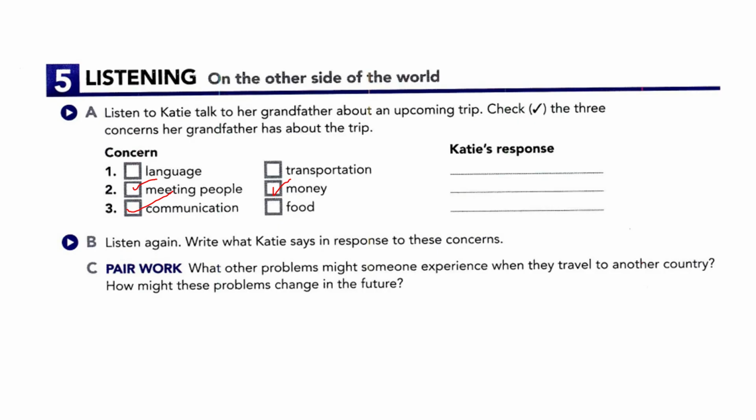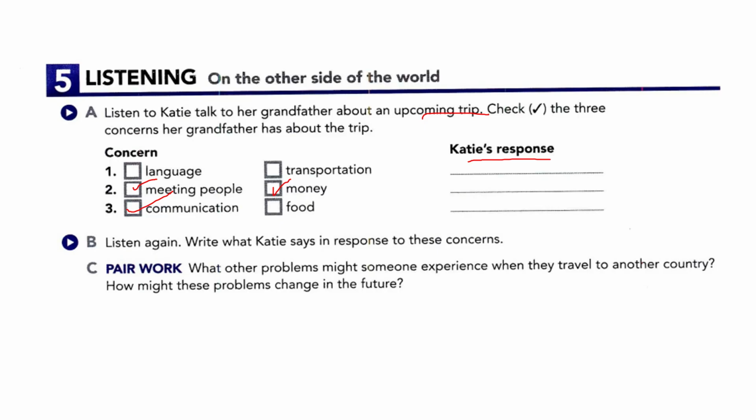These are the three concerns that the grandpa has about Kathy's upcoming trip. And Kathy's responses to each of these are the following. Meeting people: she said, I've already found groups online, as Sandra said, so it will be easy to make friends.